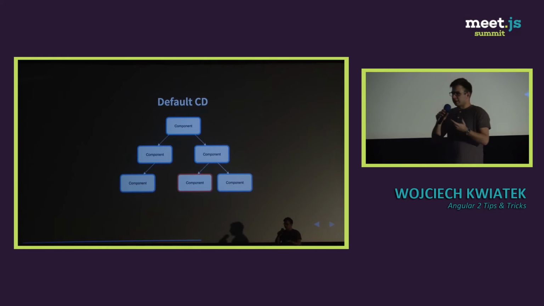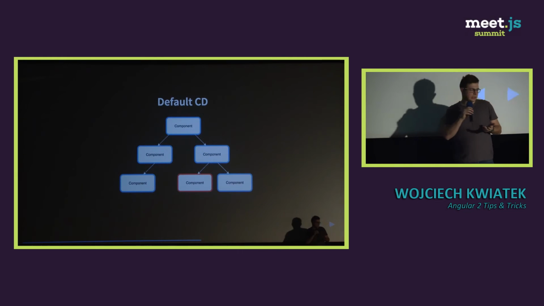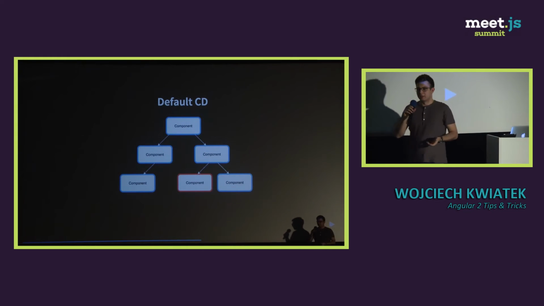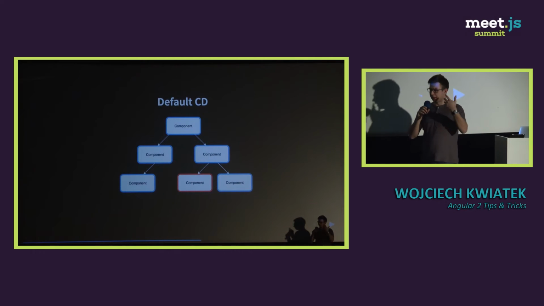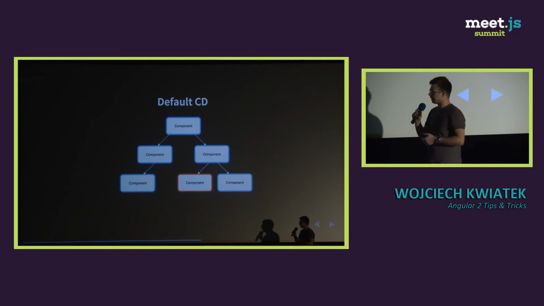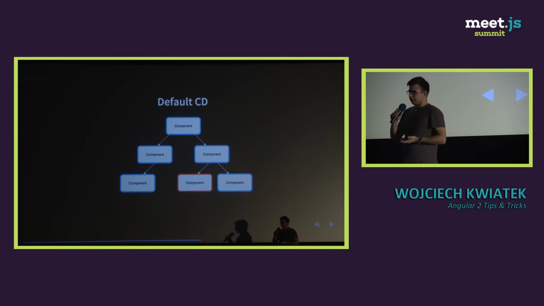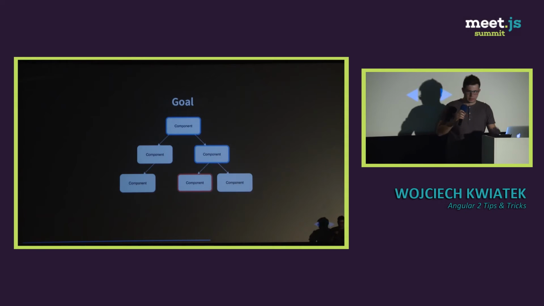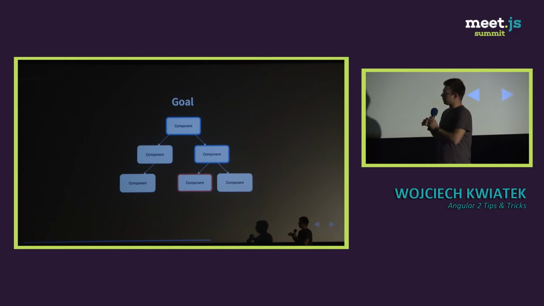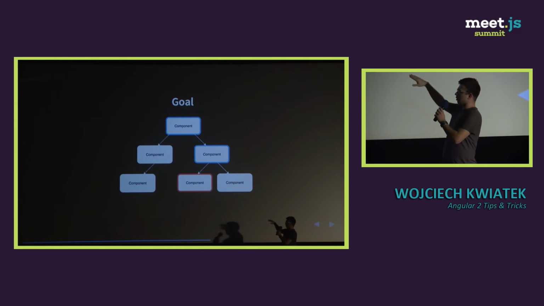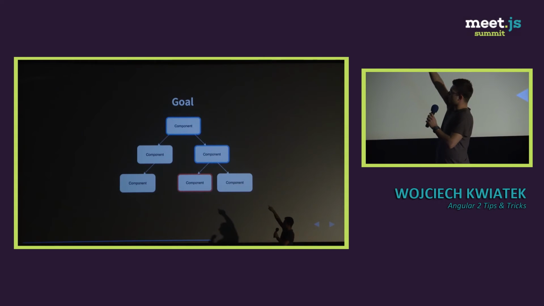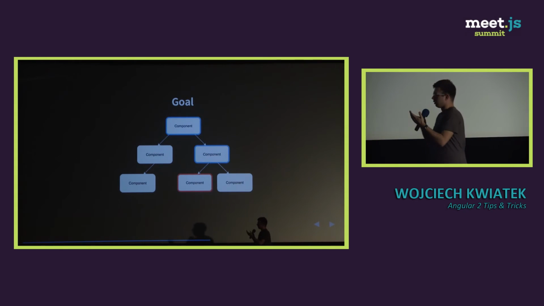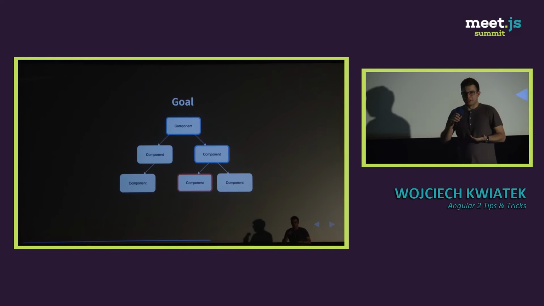So yeah, indeed, that's the problem. They stated that it's really, really fast. They can do hundreds of thousands of checks like that, but still, conceptually, it's some kind of problem. Let's assume that we know that this one component changed, so we could take only this path and check only this path for changes.